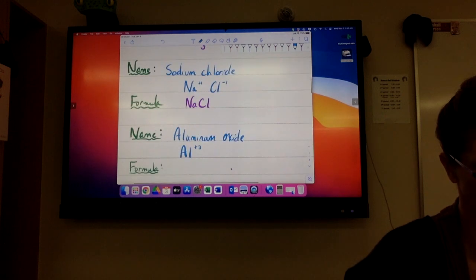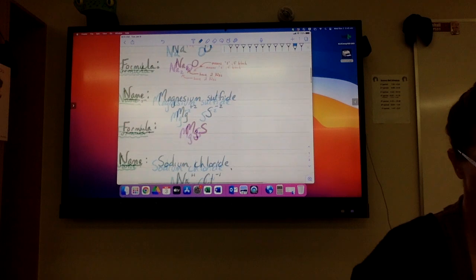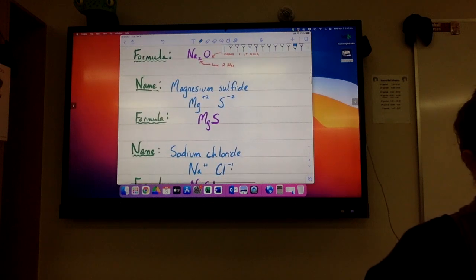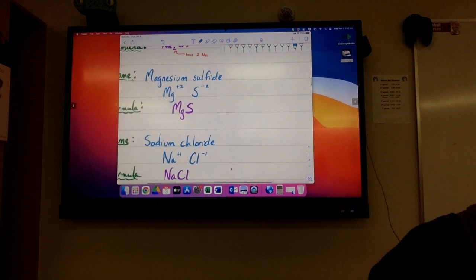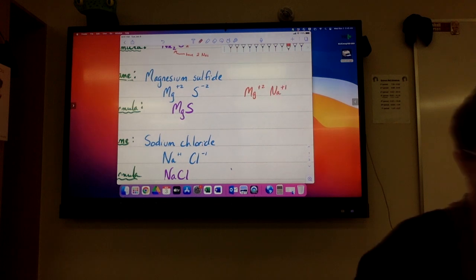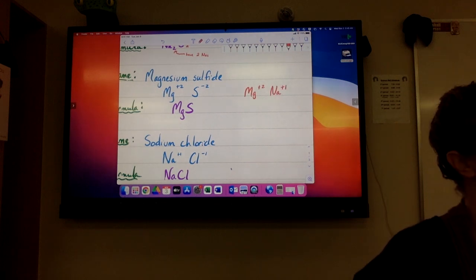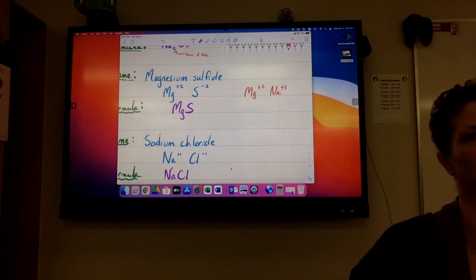Like I had somebody up here think that sulfide was sodium, and so they tried to do this, Mg, and I'm going to erase this, so don't write this down. Mg and then Na+1. How do you know right away that that's not right?